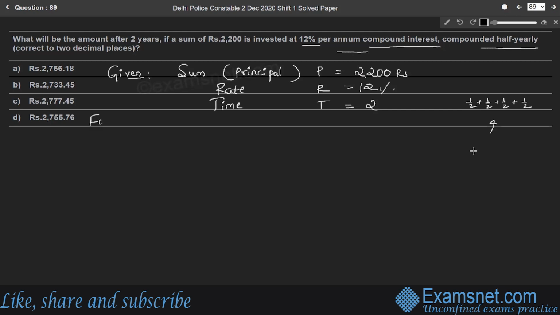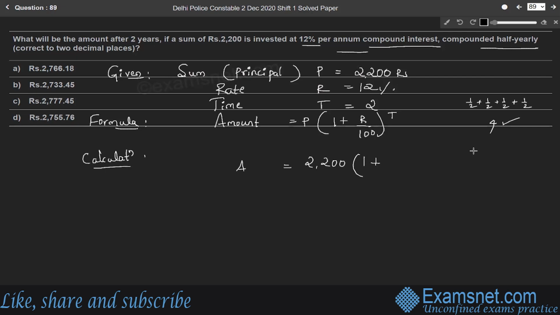So next step is formula to be used. Amount A is equal to principal into 1 plus R by 100 to the power of time period. Right? Calculation. Here amount A is equal to principal 2200 into 1 plus, and since it is compounded half yearly, the time period becomes 4 here, right?